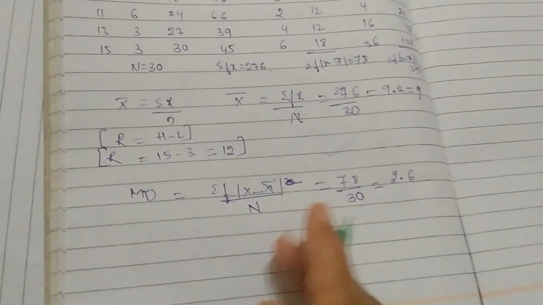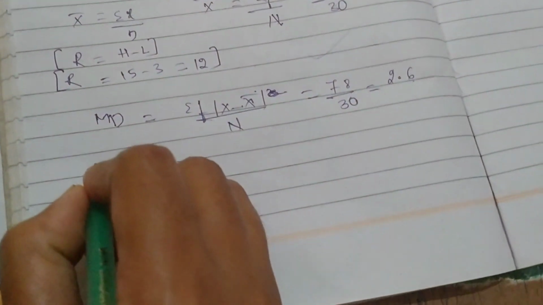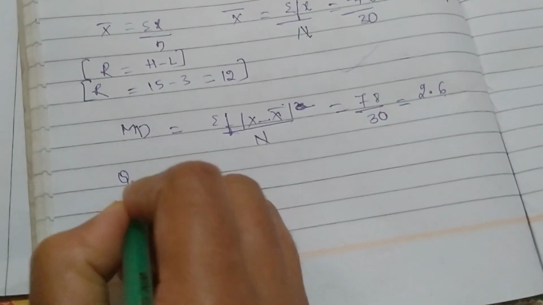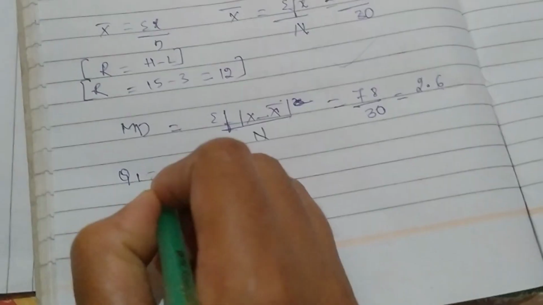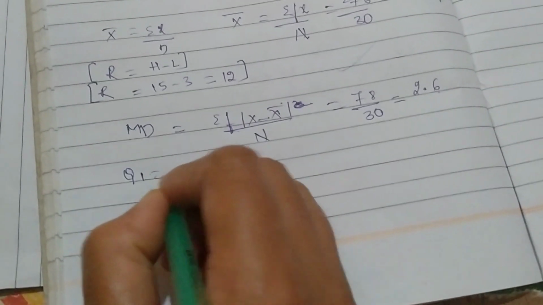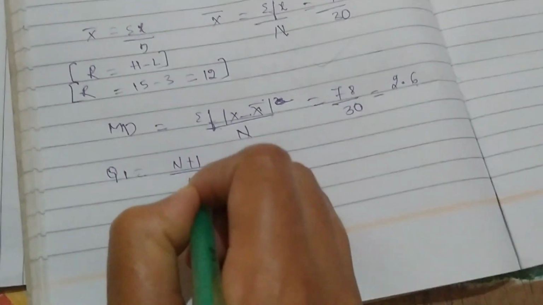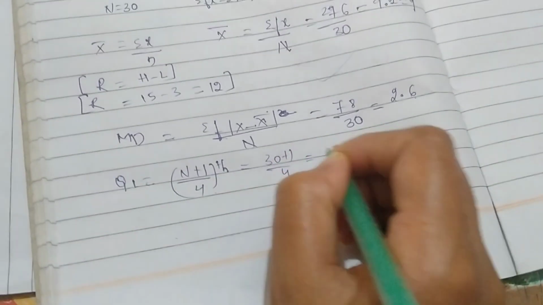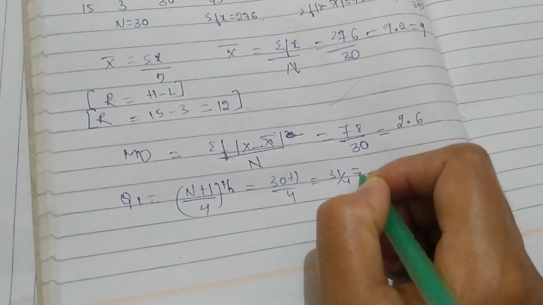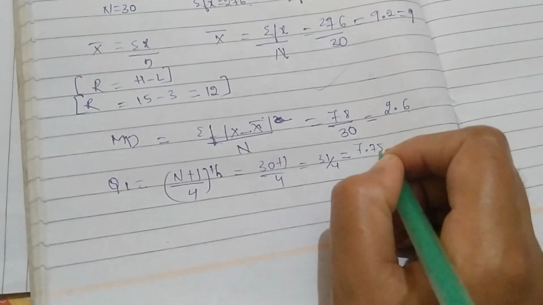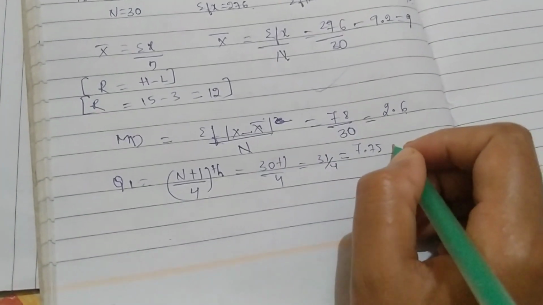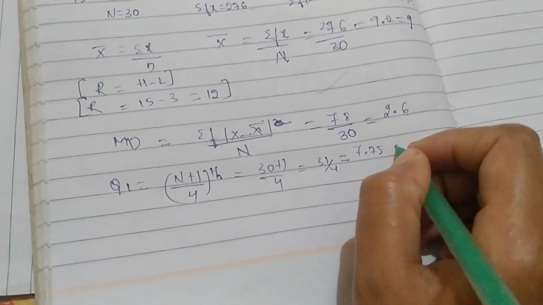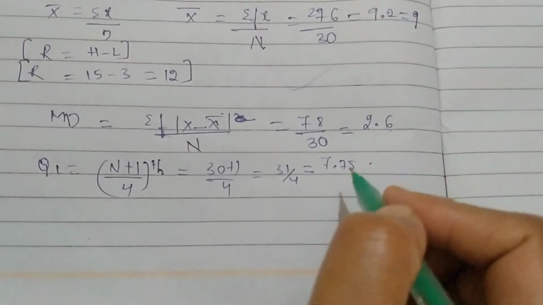Next we'll calculate quartile deviation. Before calculating quartile deviation we need to calculate Q1 and Q3 values. Q1 is the (n plus 1) divided by 4th observation. So 30 plus 1 divided by 4, which is 31 divided by 4. After dividing this we'll get 7.75.